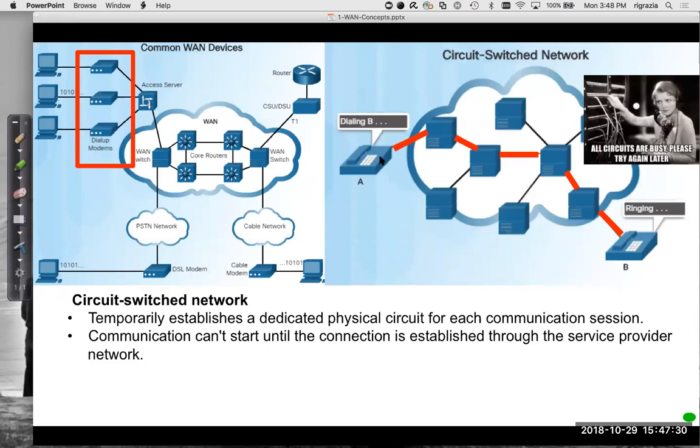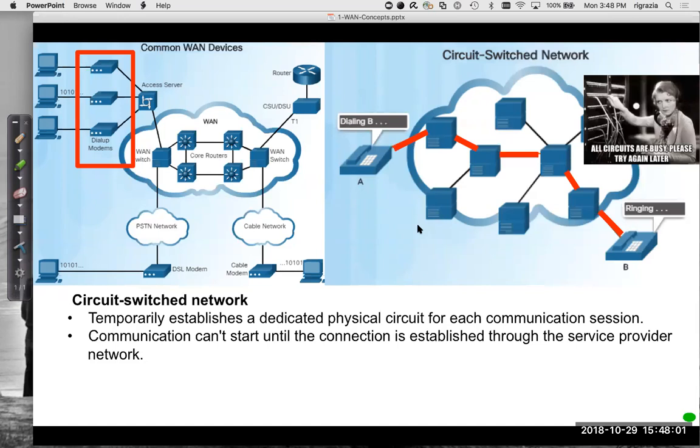Now, one of the issues with circuit switch networks is the telephone company only built so many circuits. So they did not build a circuit so that everybody could be connected at the same time. What they tried to do was build enough circuits so that at peak hours, the number of circuits internally could handle the number of people that needed a circuit.